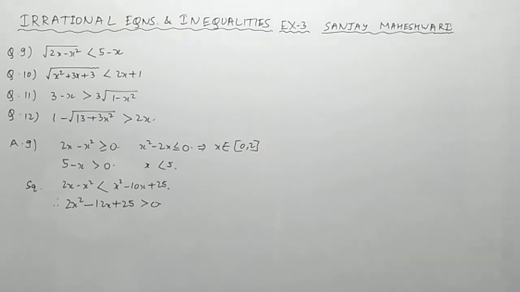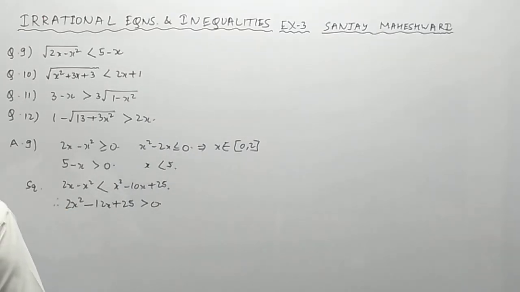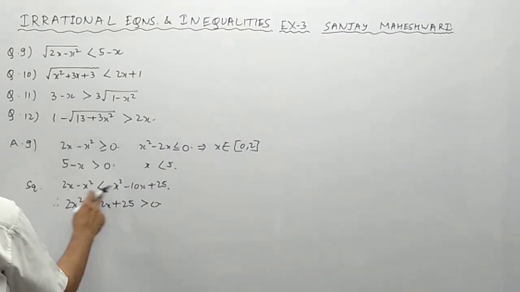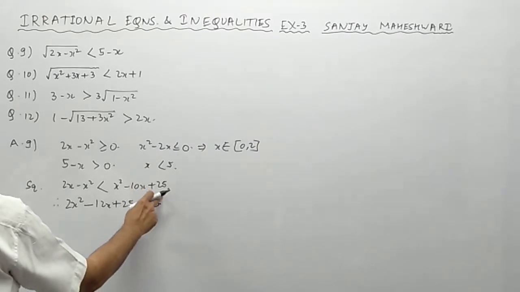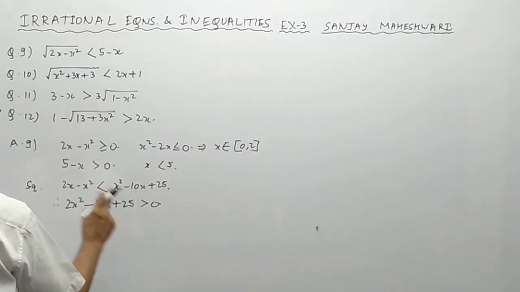Now let us start with this. x square minus 10x plus 25, 2x minus x square, 2x square minus 12x plus 25.